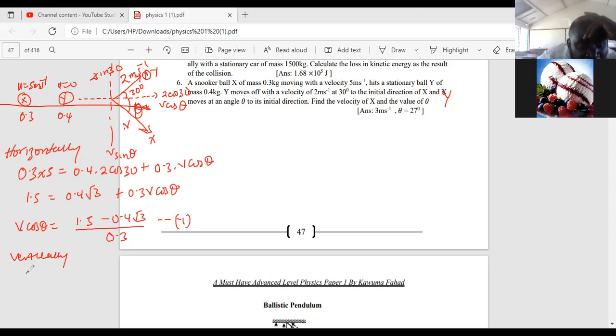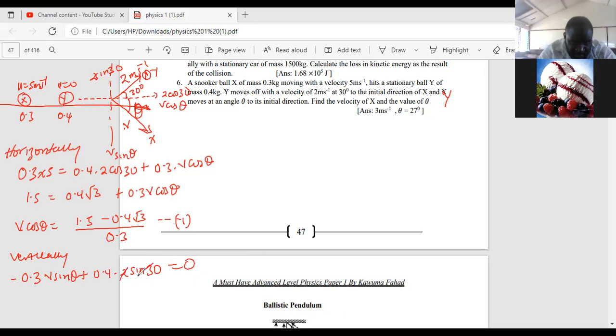Then vertically, we shall have 0.3 is moving down, a negative V sine of theta, plus 0.4 times 2 sine of 30 is equal to the momentum, which is 0 vertically initially. We never had a momentum in the vertical.